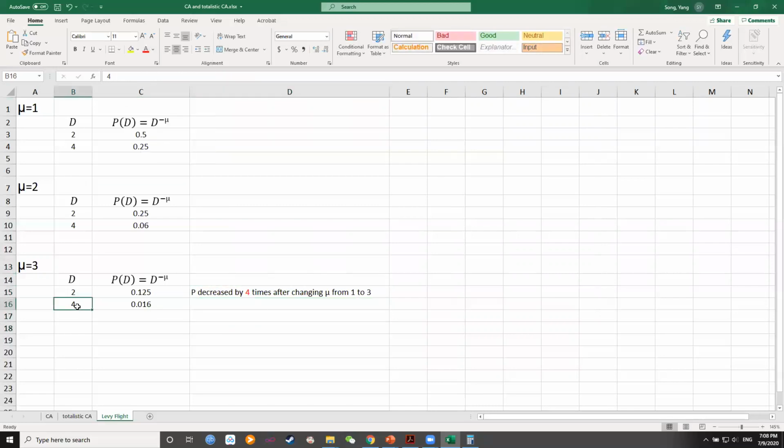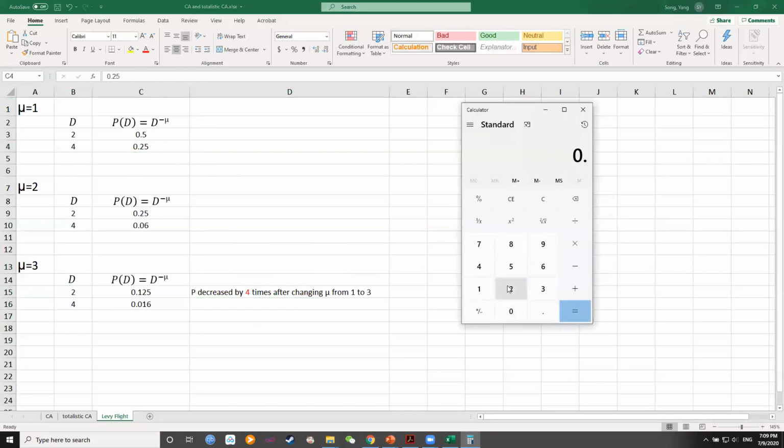How about another distance? How about 4? This is a longer distance than 2. What happened to this distance? At the very beginning, it was 0.25. How about now? Now it's only 0.016.